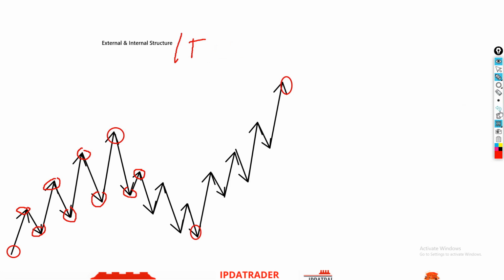And as you can see, we can very well have a bullish structure, but a short-term bearish internal structure. So that's where the confusion begins. Let me actually take a different color and label the internal points, right? This would be your internal structure right here.